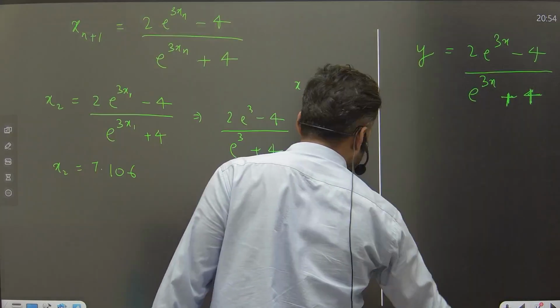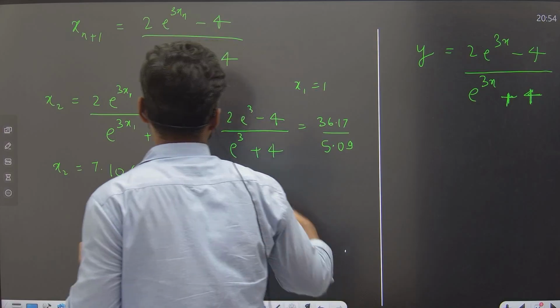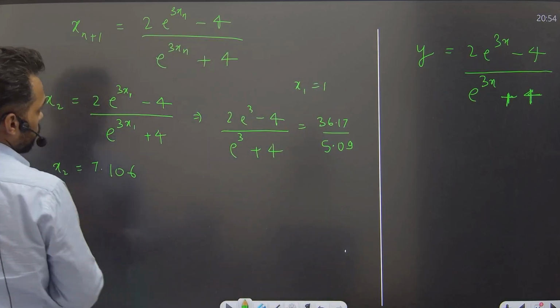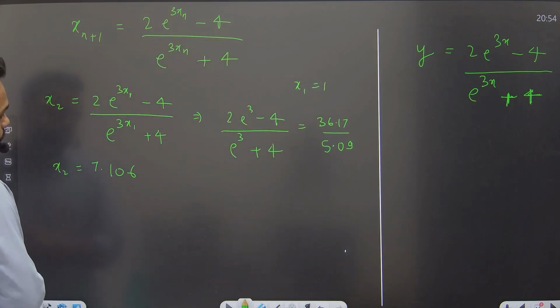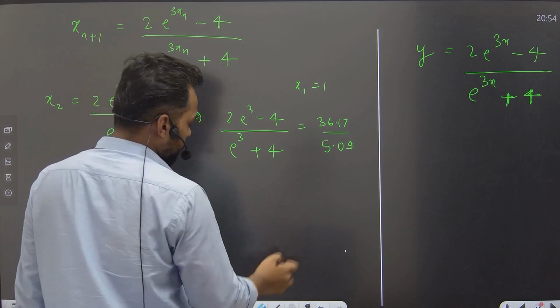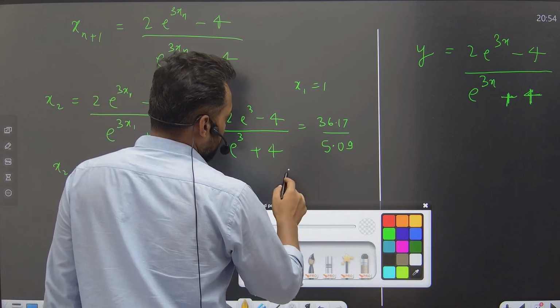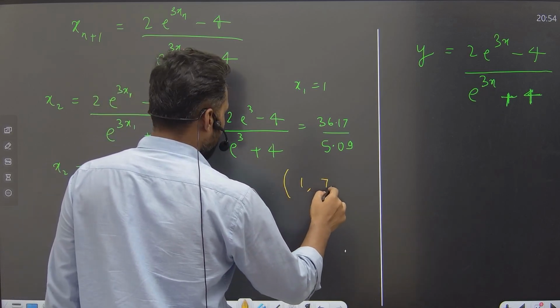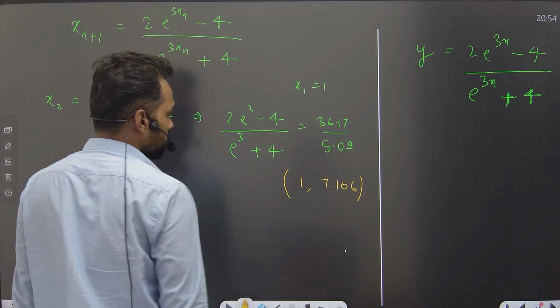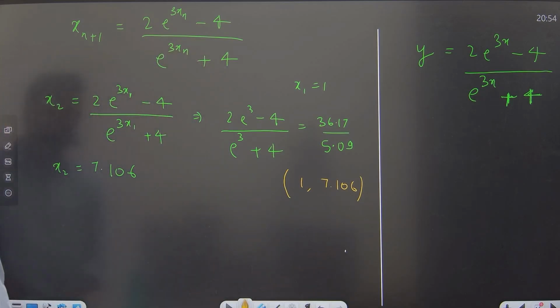So if x1 equals to 1, we are getting 7.106. So our first coordinate will be (1, 7.106). This is our first coordinate.